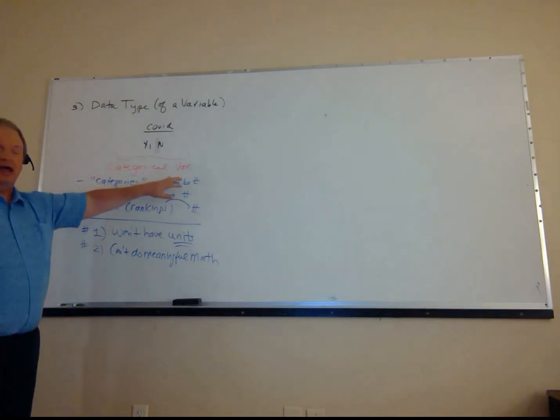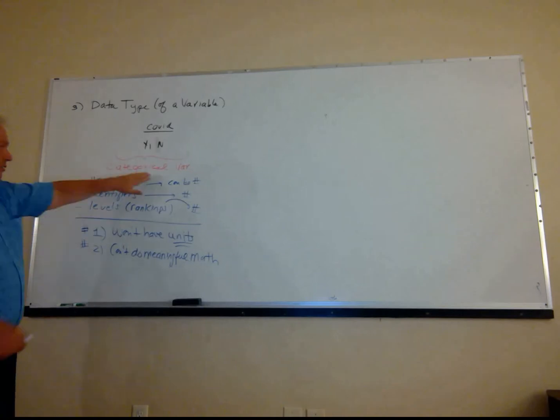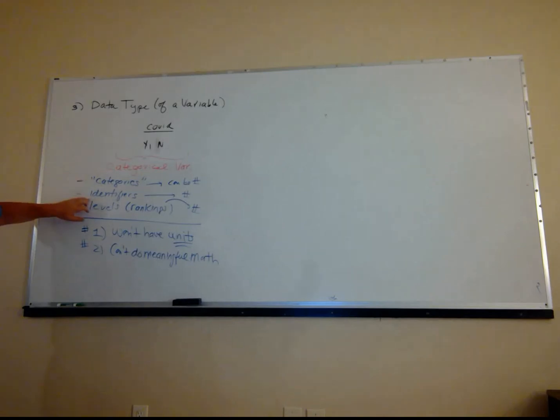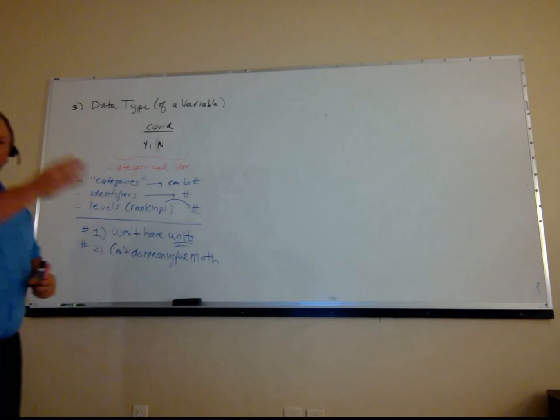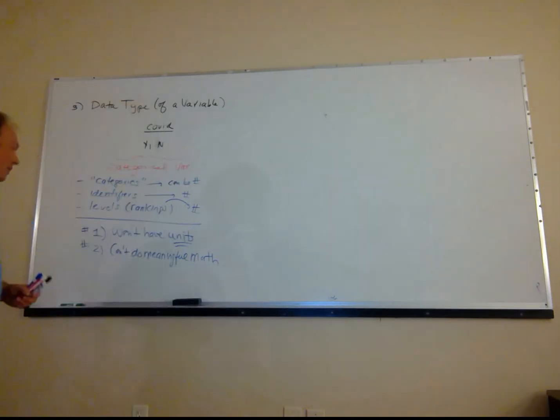I'm not going to use that nomenclature, and the book doesn't either, but you might have come across that, okay? So some people refer to this as qualitative. This is categorical, okay? These have categories. Identifiers are a category of 1. And this is called ordinal because the values have an order, right? 1, 2, 3, 4, 5, whatever, okay?